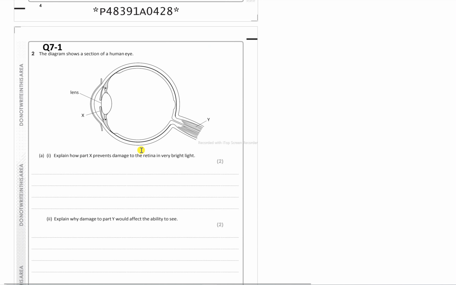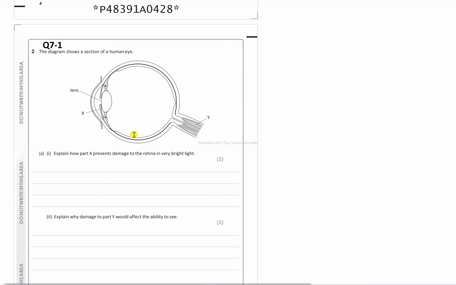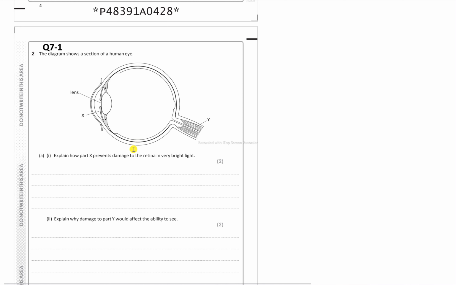Right, there's your human eye. Explain how part X is what? Okay, that there is the iris. The gap, the black bit in your eye, is the pupil.